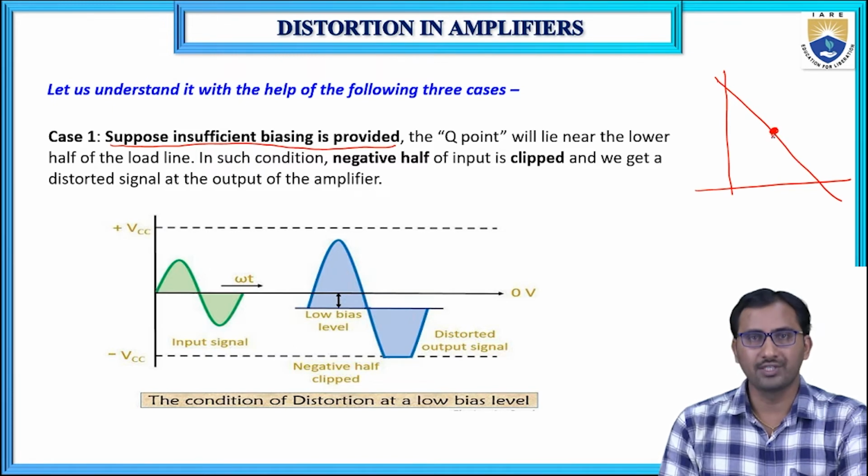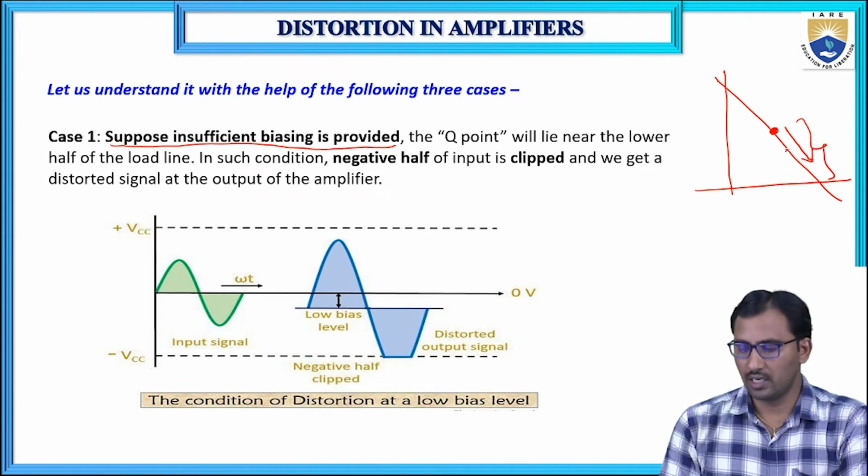For faithful amplification, the operating point will be in the center. But because of insufficient biasing, this operating point is moving to the lower half of the load line. So this is the lower half. That means this operating point is shifting down, so that the negative peak of the output waveform gets clipped off.